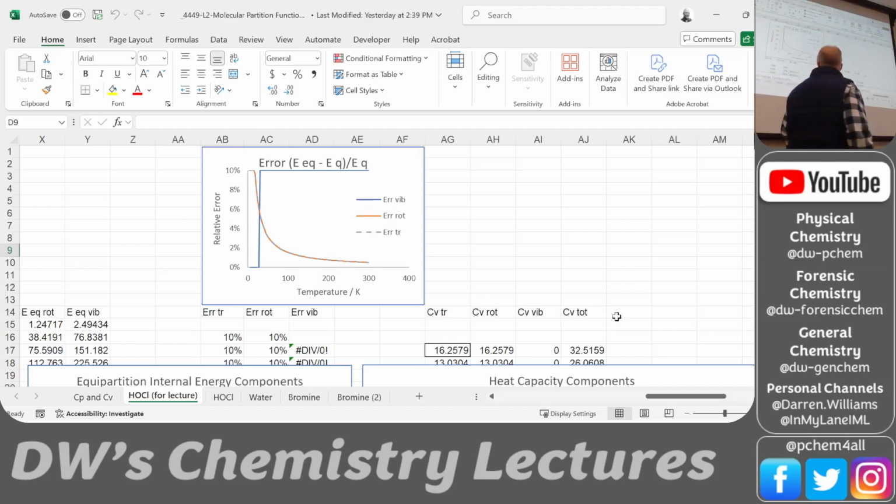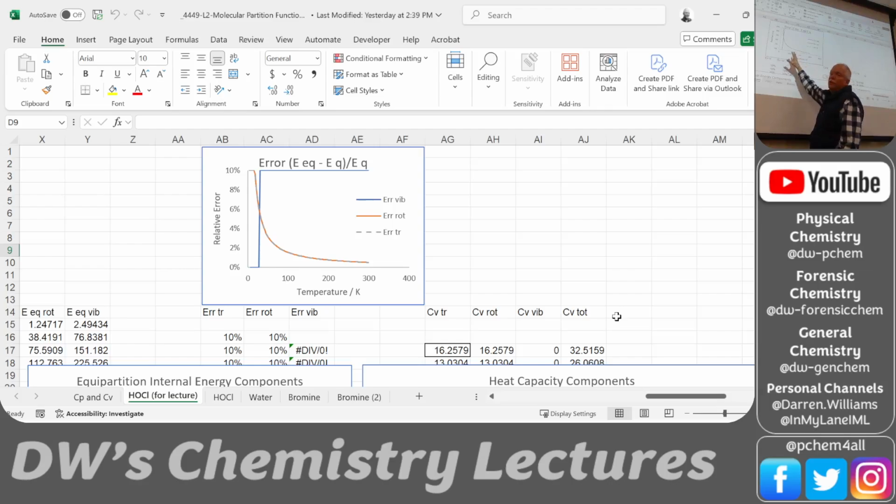Oh, yes. So that was calculated using the molecular partition functions. What if we just assumed equipartition, right? The 3/2 R for rotation, 3/2 R for translation. And so you see, this is the error that you're making.